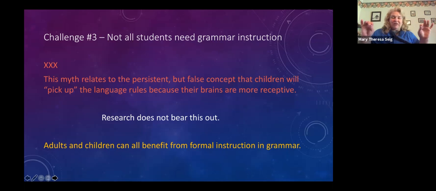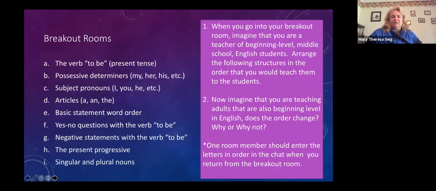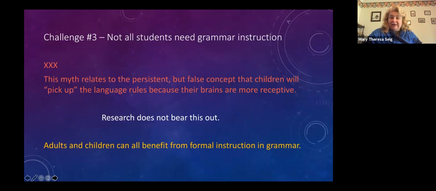But the research has shown that both can benefit from formal instruction in grammar, and both can be very successful in language learning, which is really exciting, right? Because we don't want to not be able to learn a language. We're teachers, we're language teachers, so we want to believe that we can learn a language.